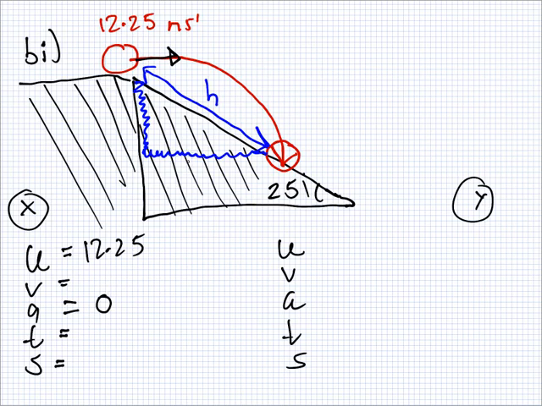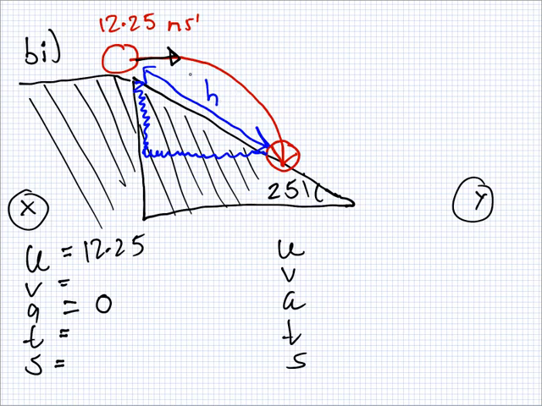So, just think about this. This is where you have to activate the parts of your brain called thinking. What are we looking for ultimately? The time and the hypotenuse, the H. But with projectiles, we can only deal in the horizontal and the vertical.